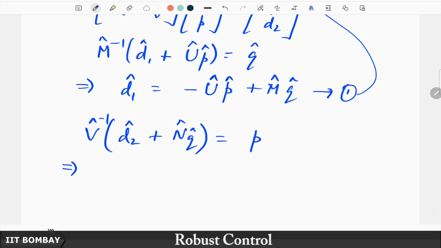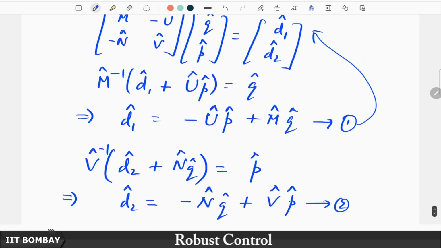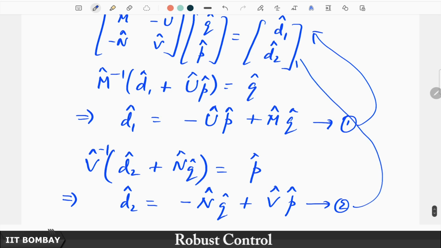So, therefore, you hit it with v hat on both sides from the left, and what you end up getting is d2 hat is equal to minus n hat q hat plus v hat p hat. That is the second equation, and you can now check that this is indeed so as we have written it down here.